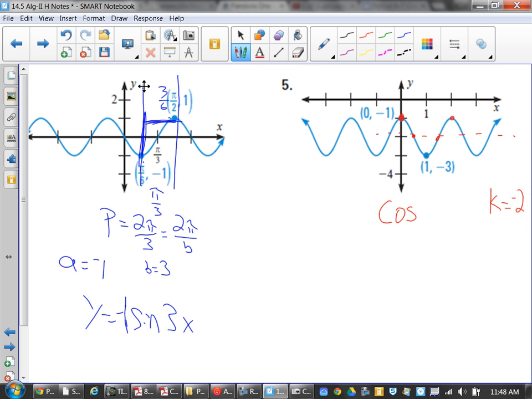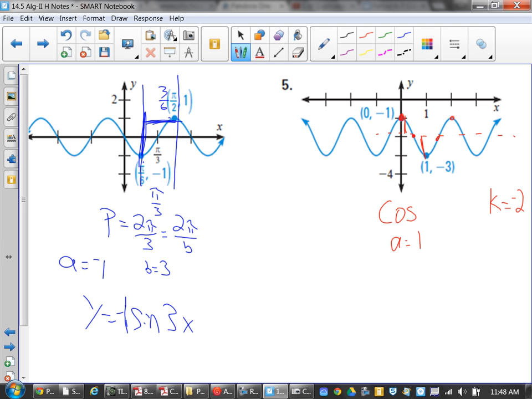Your A value is still 1. The reason that it's 1 is because the distance between your maximum and minimum is divided by 2. This is 1 apart, this is 1 apart.